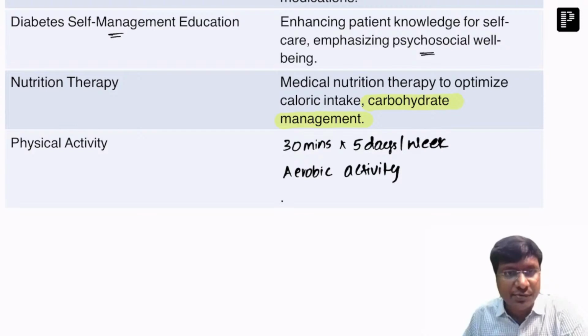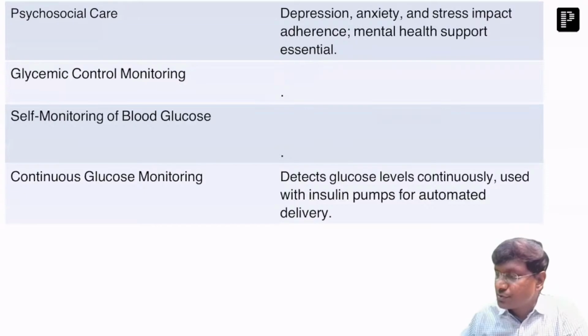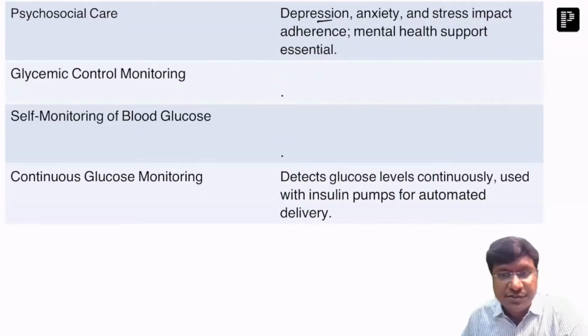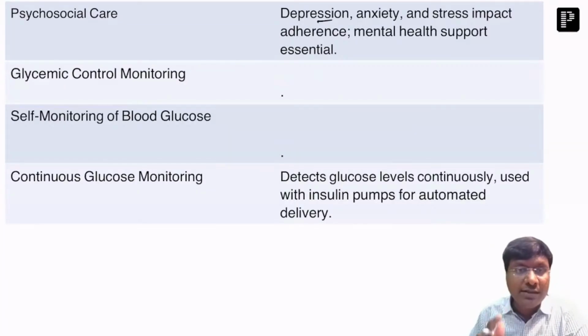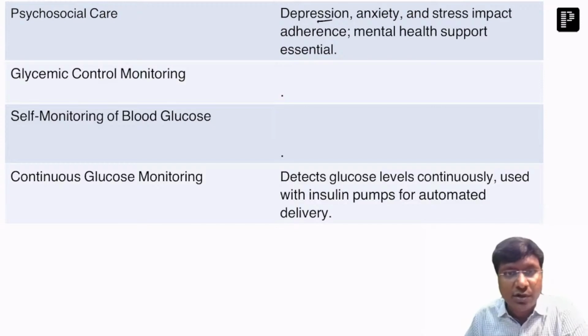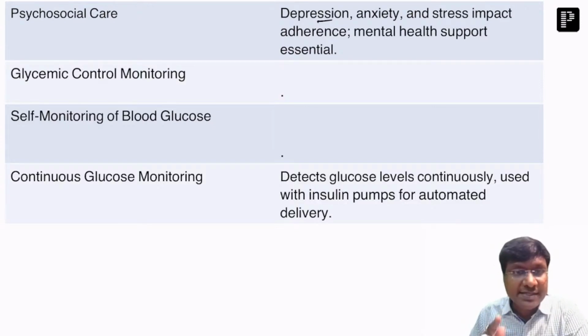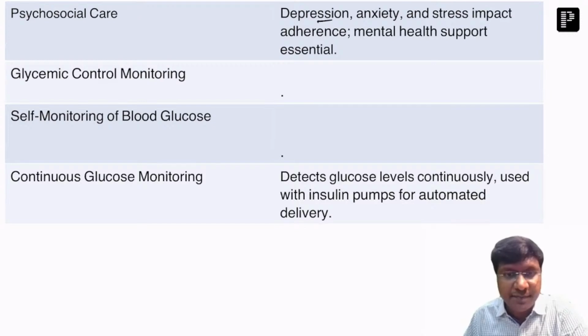Psychological support is very important along with nutrition and physical activity. In psychosocial care, depression, anxiety, stress, all these will impact the adherence to medical management. So the individual should be psychologically very strong, and the psychological status should not impact the medical management of the patient.